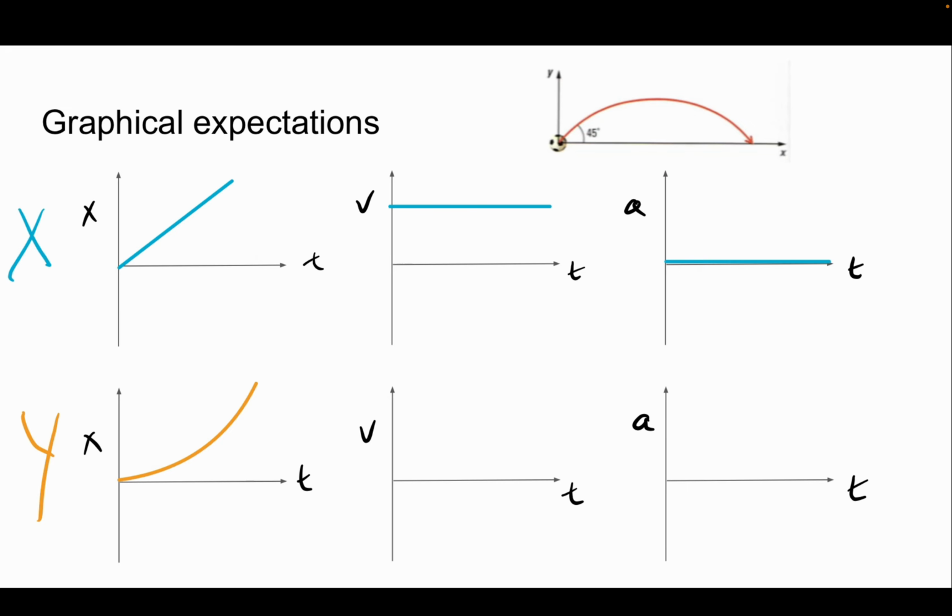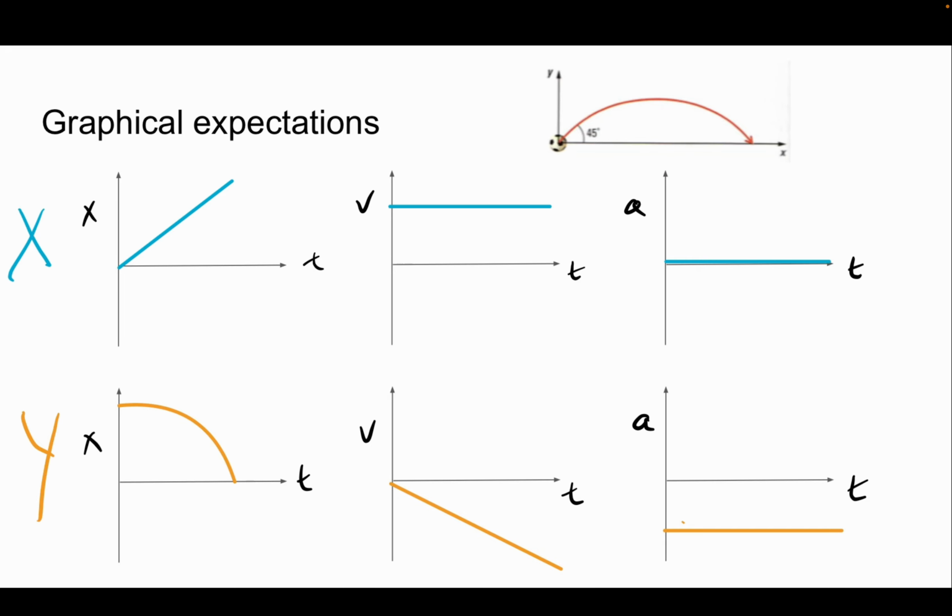I'm going to erase this and just add in if we're dropping something, right, from a height and it's falling to the ground, it's going to do something like this, which means that over time, right, its velocity is going to start at 0, and its velocity will start to get faster and faster and faster down here, which means it's going to have a negative acceleration, right? So we've looked at this before. None of this should be new.